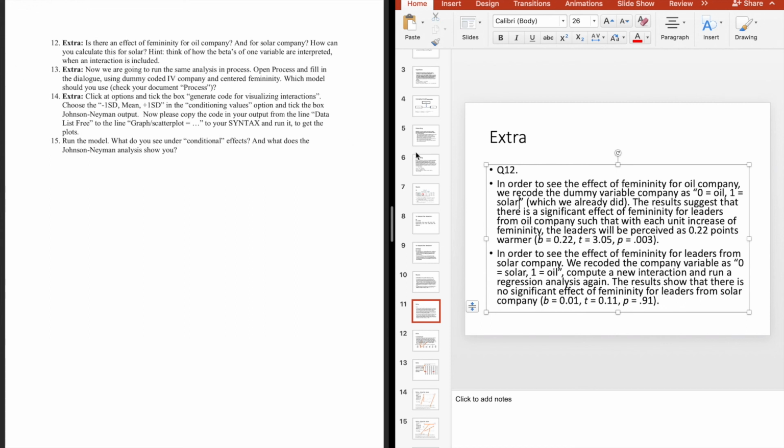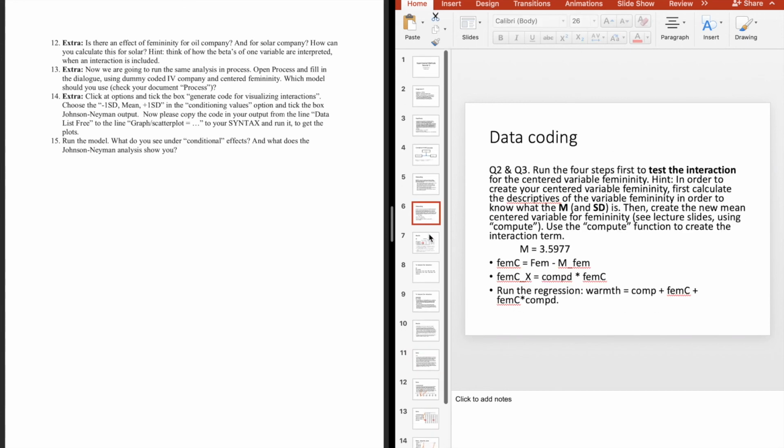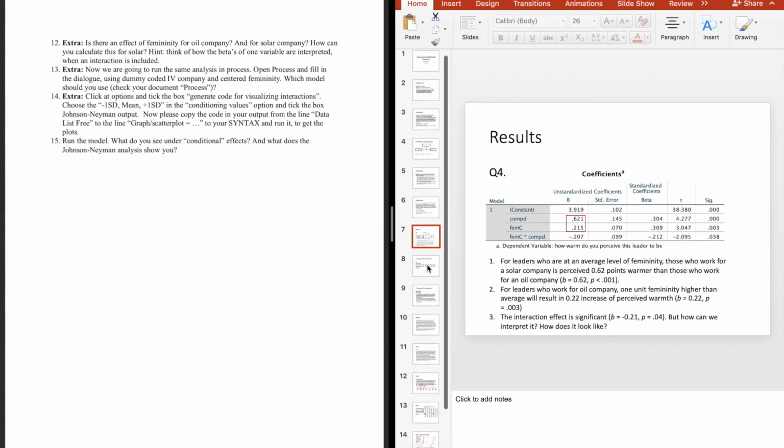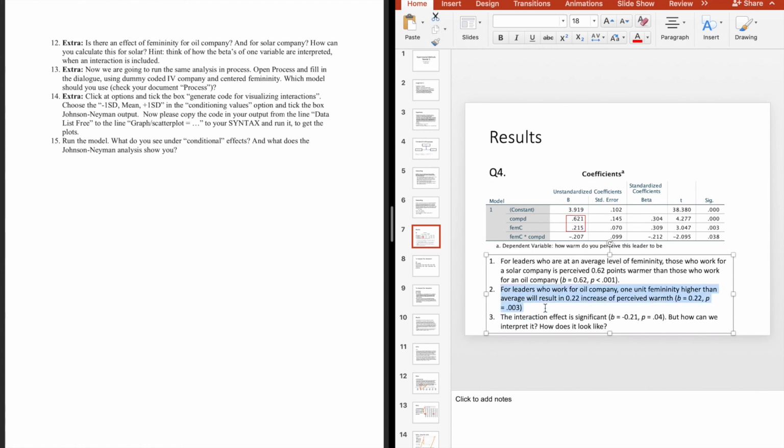Okay, so in our first regression, without recoding the low and high level, we see here, well, for leaders who work for oil company, 1 unit femininity higher than average will result in 0.22 increase of perceived warmth, right? Okay.